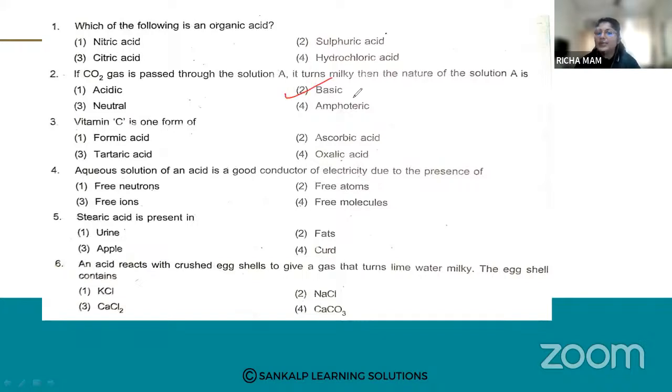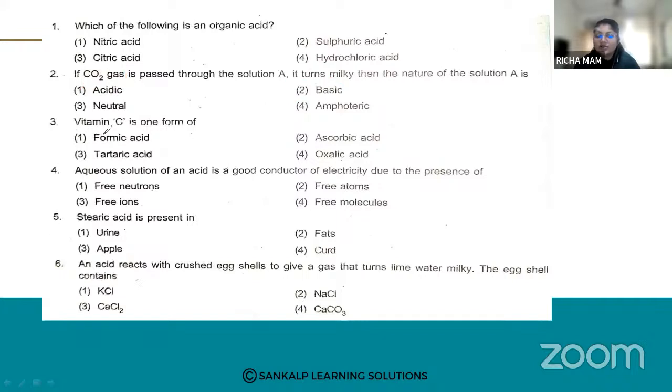It will be basic in nature. Carbon dioxide is a gas. When you pass it to solution A, it will turn milky. So the nature will be basic.